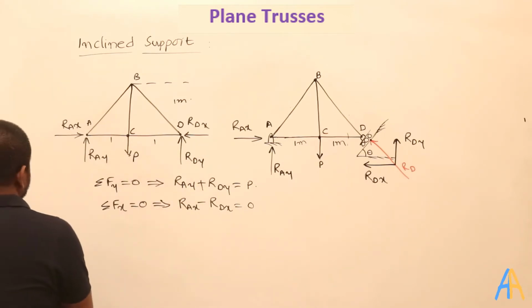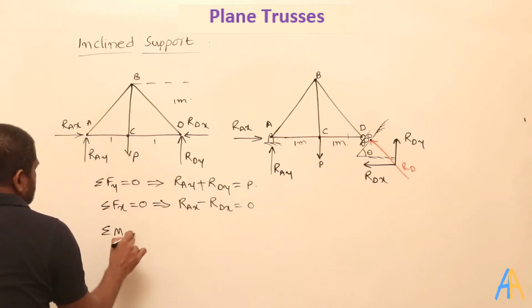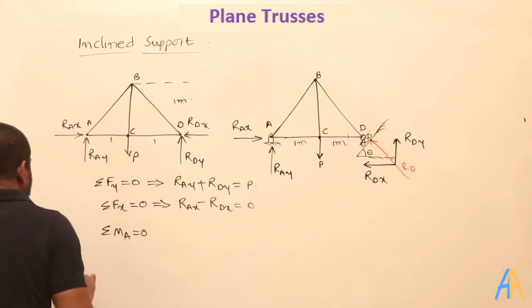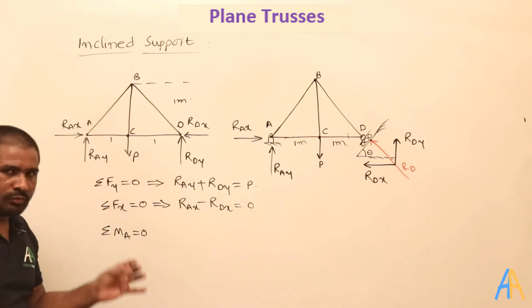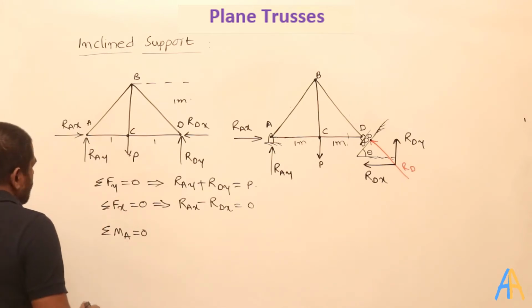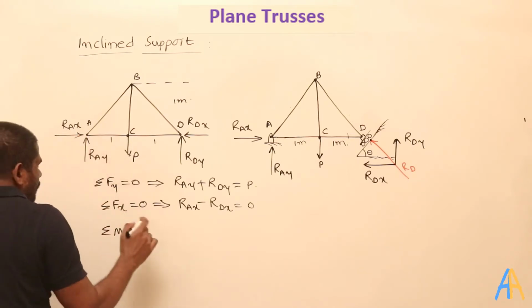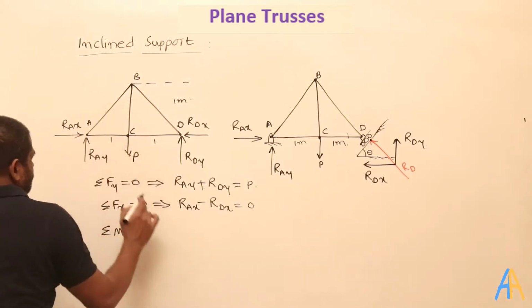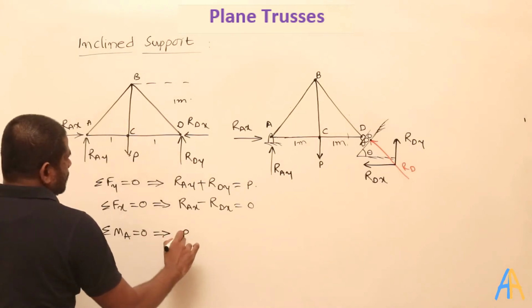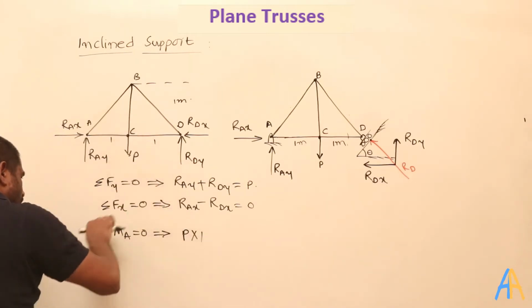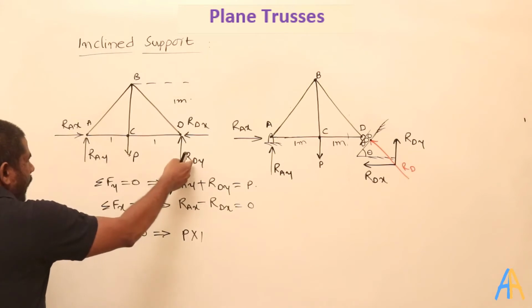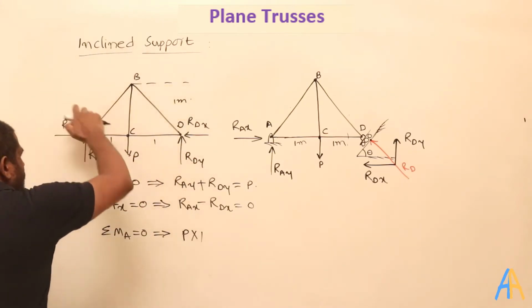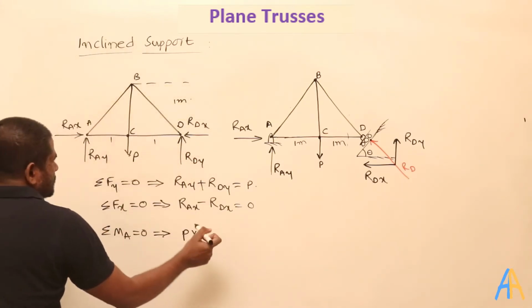Again I will apply the moment at A. So sigma MA equal to 0. Why? Because this is the revolute joint, so the moment is 0 at the point A. What are the forces having a moment effect at the point A? P is at a distance of 1. So P into 1, which is in the clockwise direction, and RDY is going in the anti-clockwise direction. The perpendicular distance is how much?